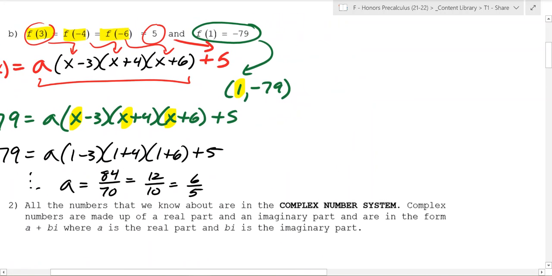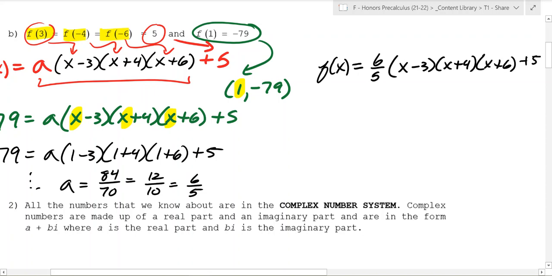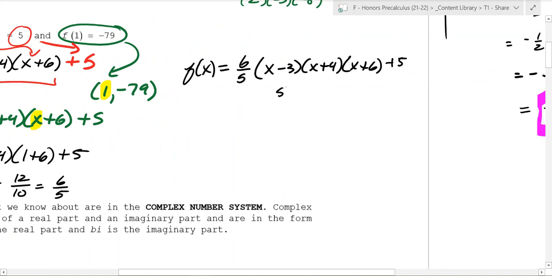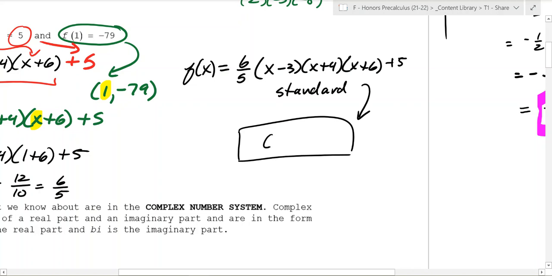So the polynomial we have is f of x is equal to 6 over 5 times x minus 3, x plus 4, x plus 6, plus 5. Now if I wanted it in standard form, you'd have to multiply this out. I'm not going to do that right now, but I would highly recommend doing that because I might pick it for the quiz, maybe, possibly, hint, hint, probably will.